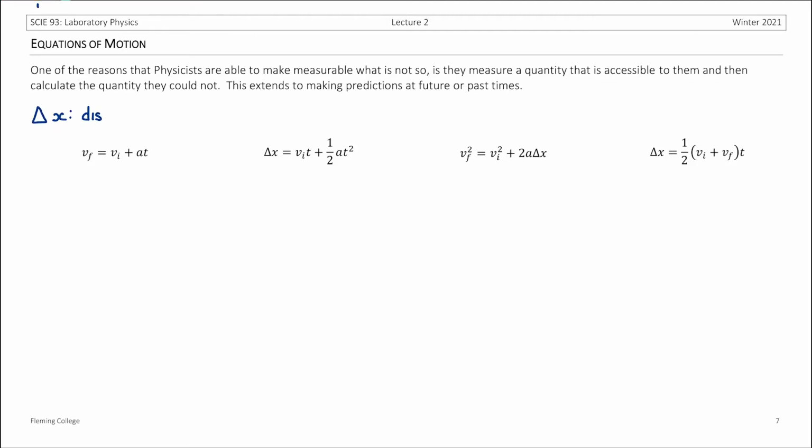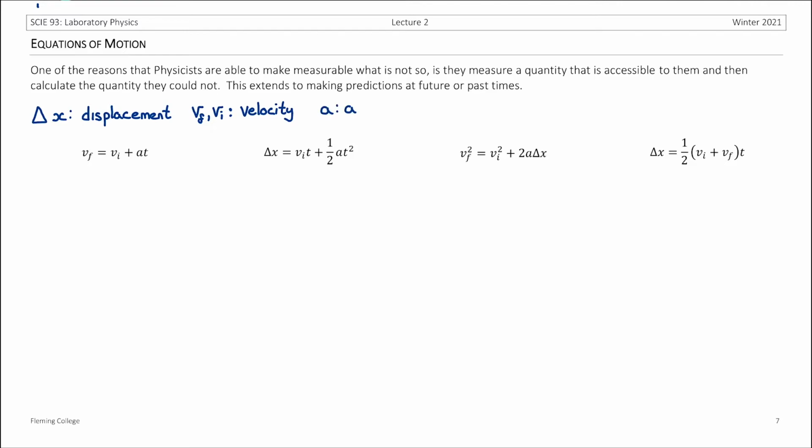Delta x is used to represent displacement, and while this does not have a vector arrow above it, it is very important to consider which direction would be positive as you complete these calculations. V subscript f and V subscript i represent the final velocity and the initial velocity, and you choose those 2 points based on your time frame of interest.